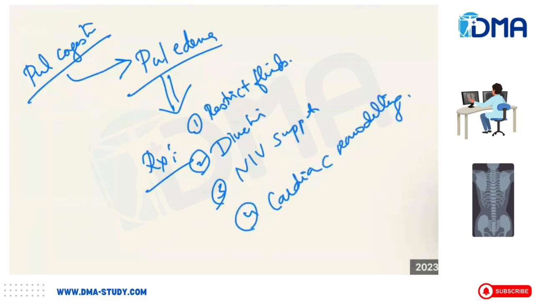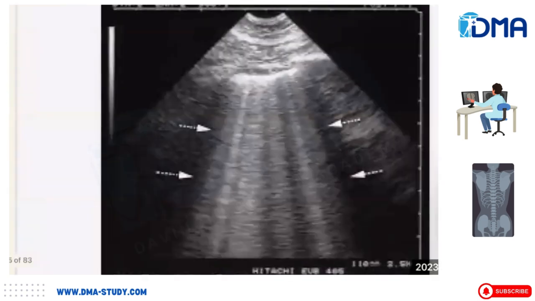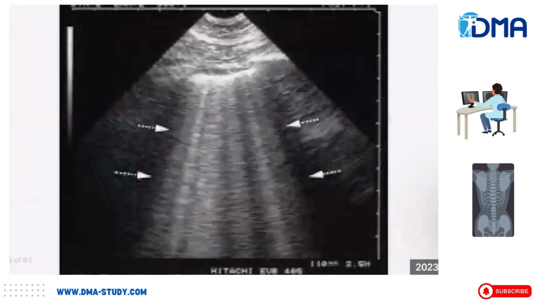It was earlier that you diagnosed the pulmonary edema using an X-ray. Nowadays, we use an ultrasound to find the pulmonary edema. In ultrasound, can you see the lines like this, from top to bottom, which come from here, right? These are the B lines.